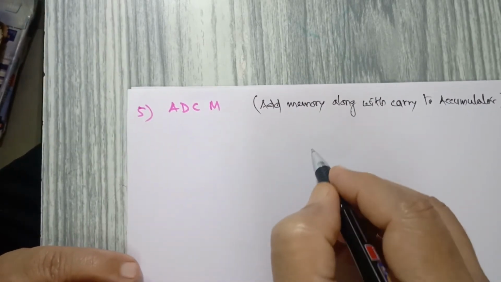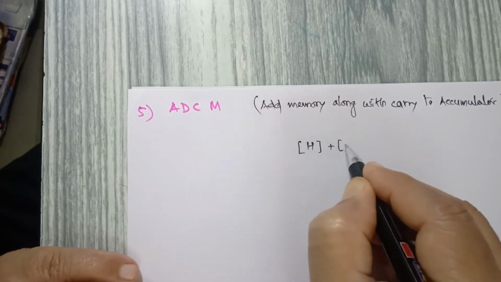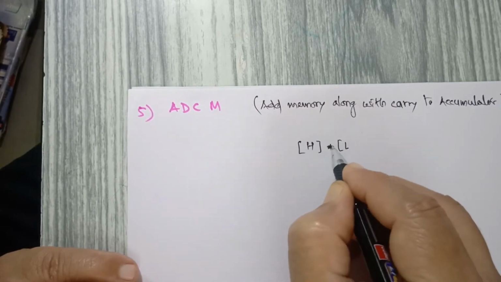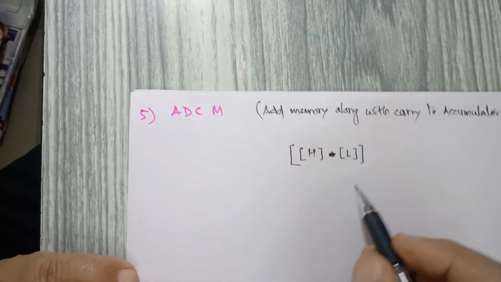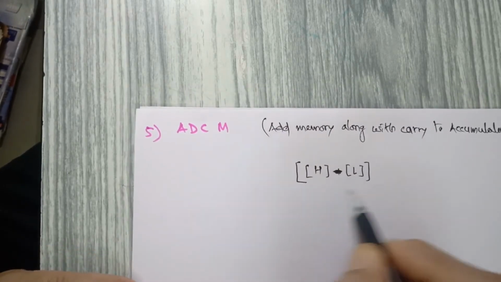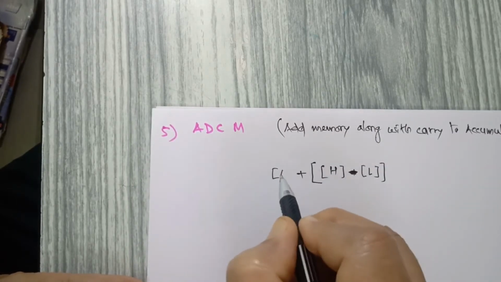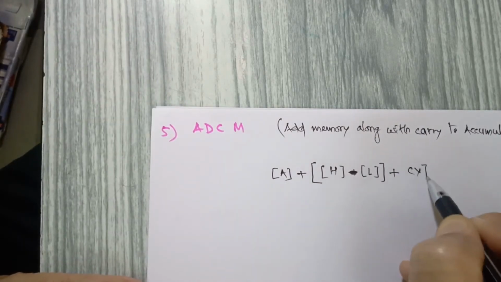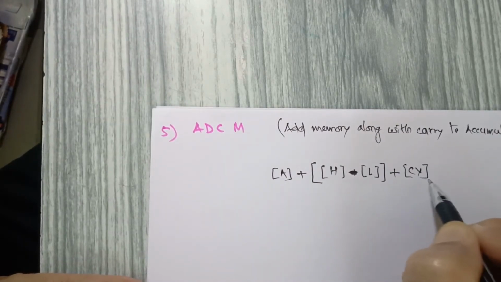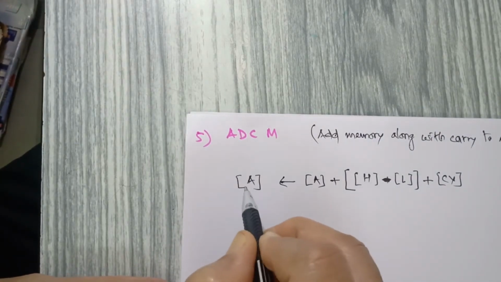So its description will be very simple. HL will point to the memory location. This 16-bit pair is the address of the memory location whose content is added to the accumulator along with the carry. This is the only addition here, and the sum is placed into the accumulator.